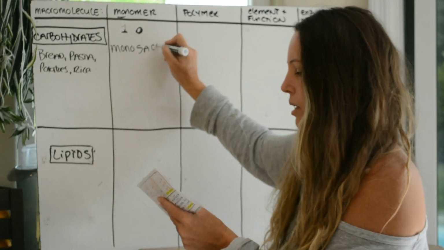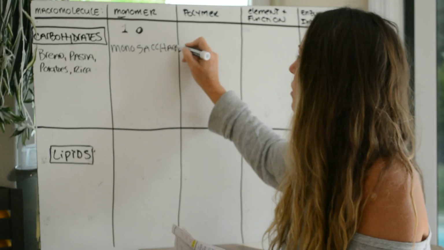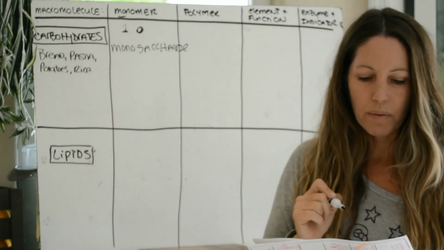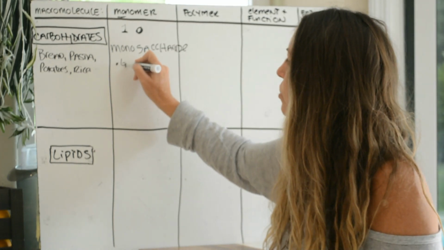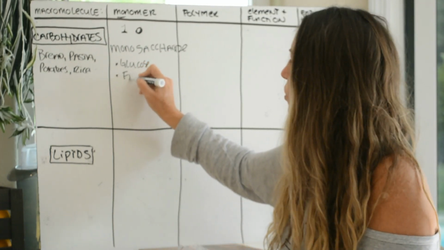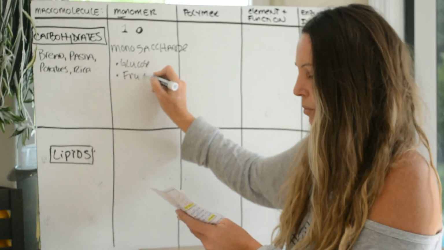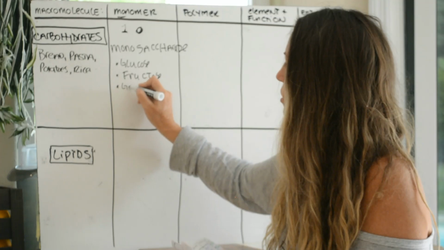S-A-C-C-H-A-R-I-D-E. So monosaccharide. Now, examples of a couple monosaccharides include glucose, also fructose, and galactose.